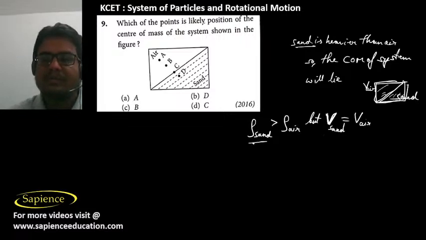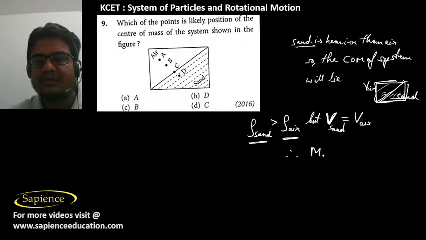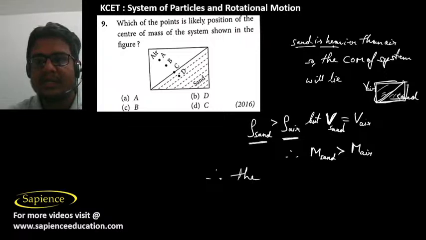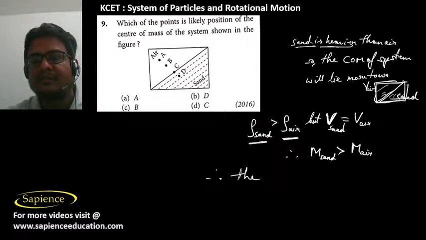Now the density of sand is more than the density of air. So volume into density, which is the mass of the sand present in the given region, is greater than the mass of the air which is present here. Therefore, since sand is heavier than air, the center of mass will lie more towards the sand region.